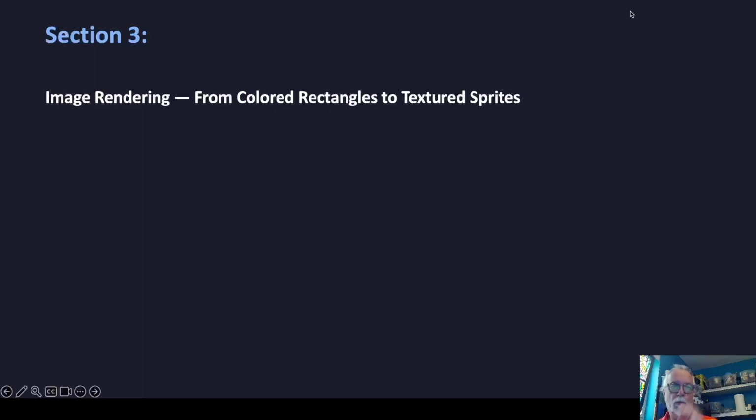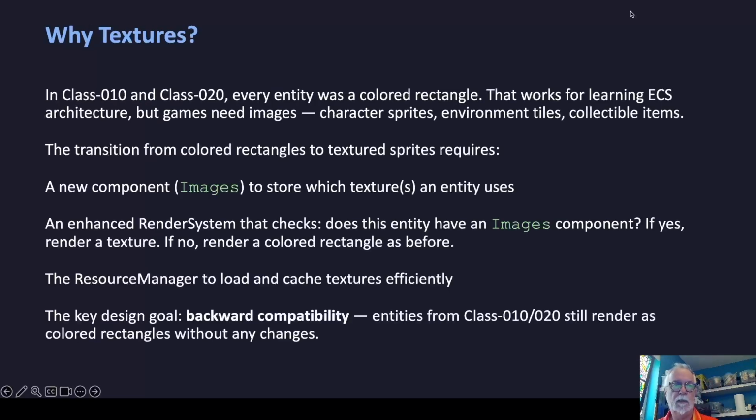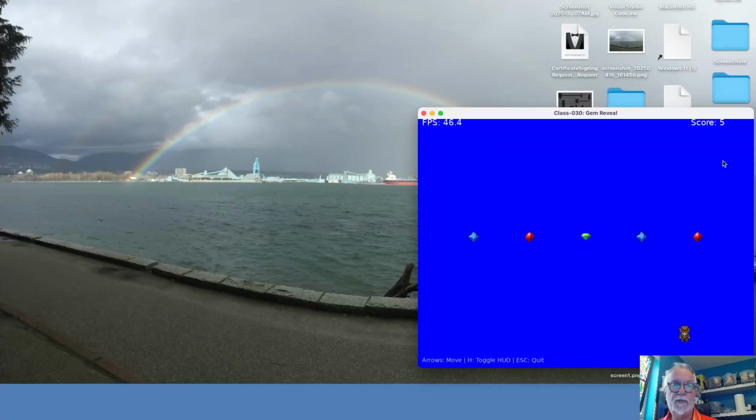Okay, so in the last class you added a bunch of exciting rectangles that bounced around the screen. We're going to add a new level. You've already seen it, but here it is. I now have textures. So this little character here has just found these 5 gems in the most exciting game ever, which is to find 5 gems on the screen.